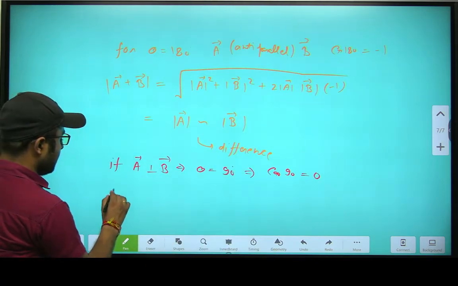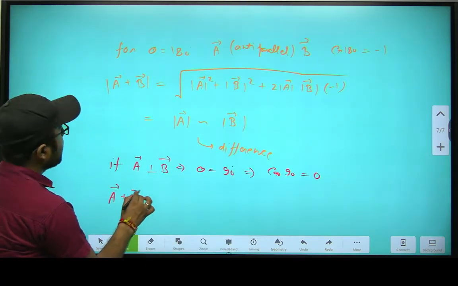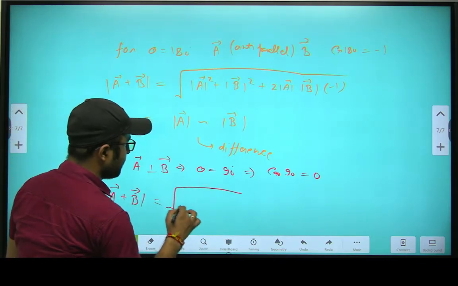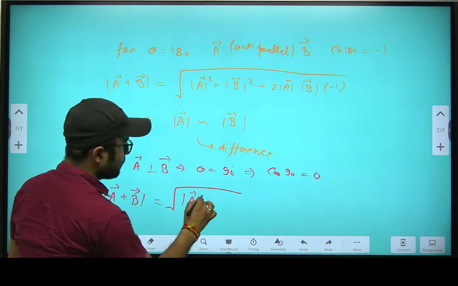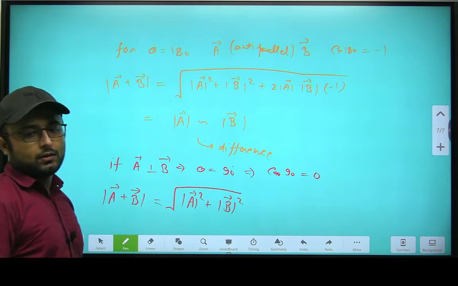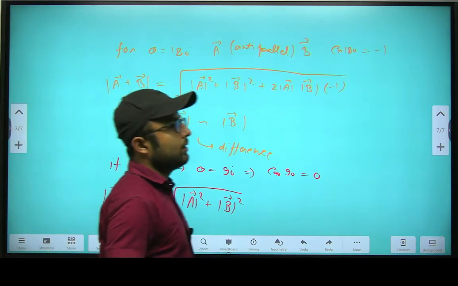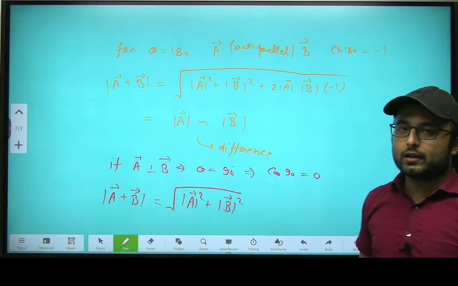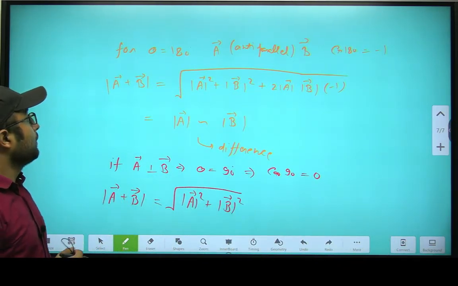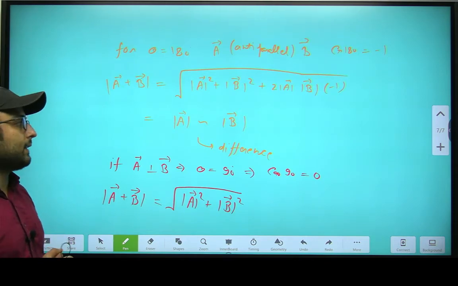Then we can write A plus B magnitude is directly mod of A square. So this is all about the parallelogram law of vector addition. So analytically we can find the magnitude of the sum of vectors.